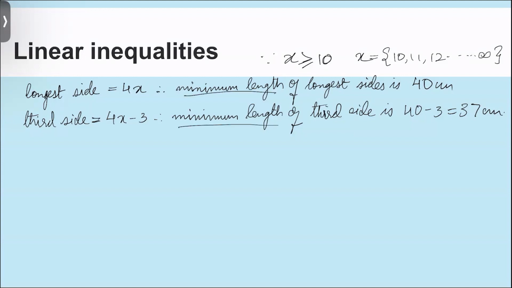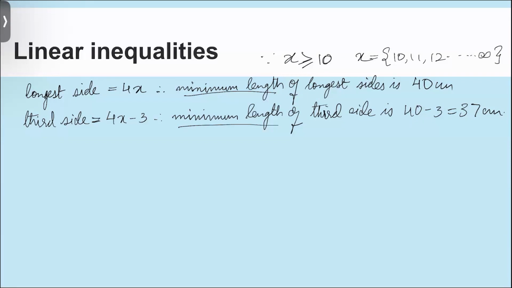If x becomes 11, the minimum lengths of the longest side will also change, because there's a correlation between the shortest side of the triangle, the longest side and the third side.